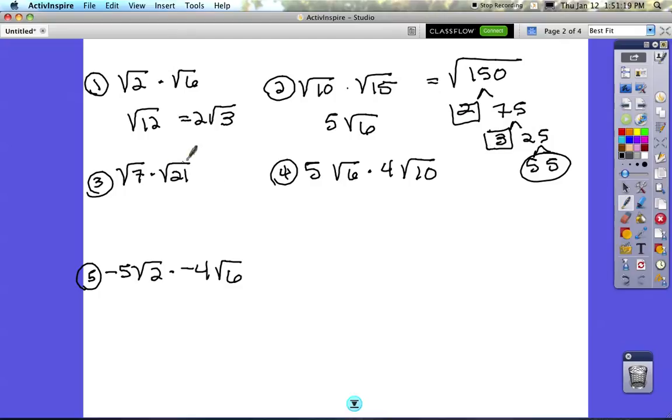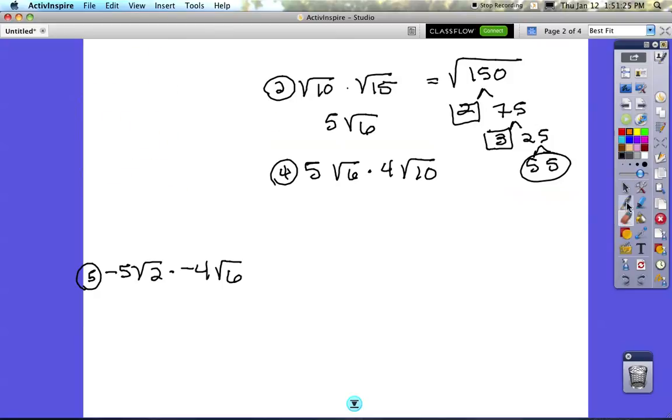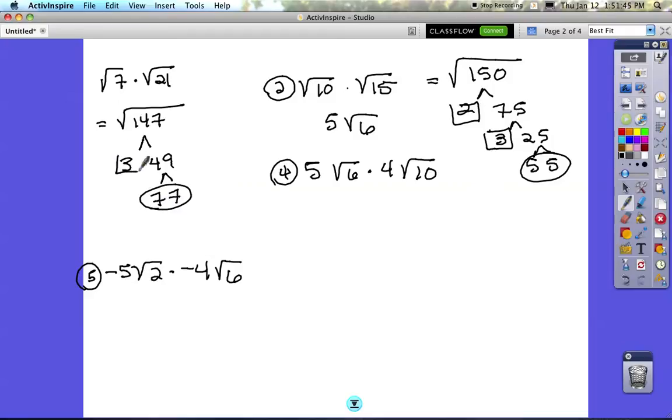Okay? Now, let's look at the square root of 7 times the square root of 21. That is the square root of 147. So 2 won't go into it, but 3 will go into it 49 times. 49 breaks down to 7 and 7.